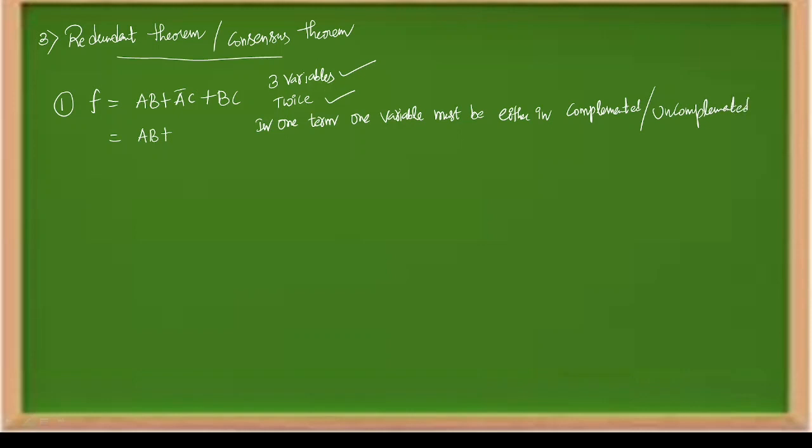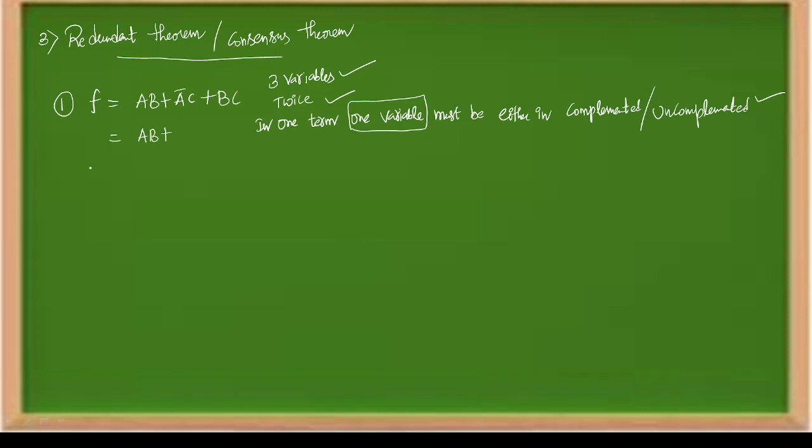As you have three variables and all three are repeated twice, you have six variables. In these six variables, you must have only one variable in any one term, either in complemented or uncomplemented form. So this equation satisfies all three conditions. Then you can apply the consensus theorem here.